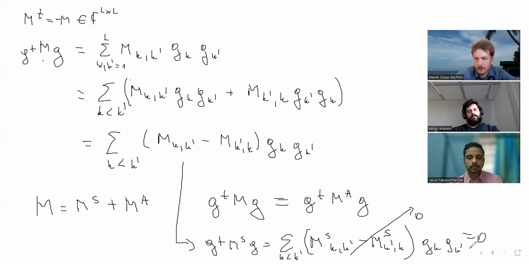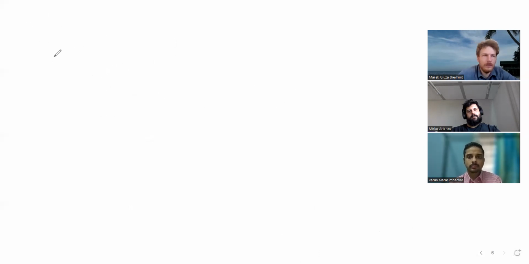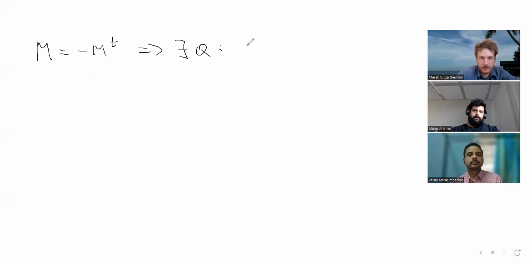Now, an antisymmetric matrix, and that will be useful, any matrix which is minus its transpose, then there exists Q such that Q M Q^T becomes a block-diagonal matrix, k from 1 until L, with blocks 0, lambda_k, minus lambda_k, 0.